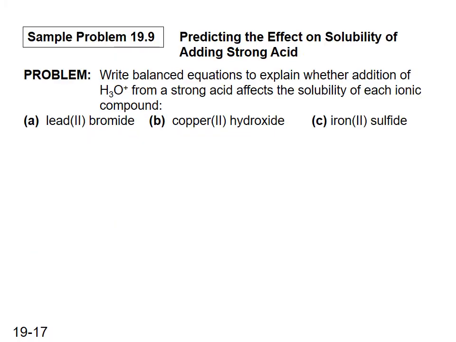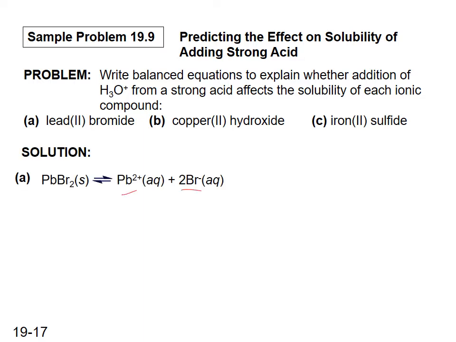Sample problem 19.9. Write a balanced equation to explain whether addition of hydronium ion from a strong acid affects the solubility of each ionic compound. In A, lead bromide, first we write the dissolution reaction, which produces lead ion and bromide ion. So the question is, does this anion react with hydronium ion added to the solution?